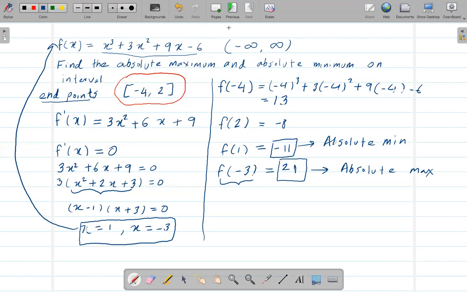Okay, now let's do the next one. Here in this one, we're going to find a local maximum and local minimum, which we generally get using the first derivative.